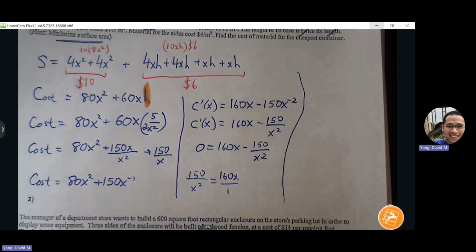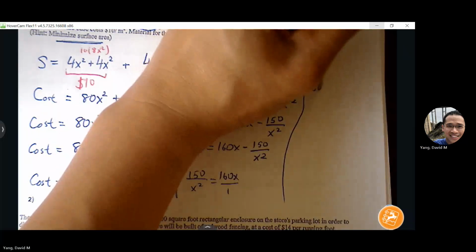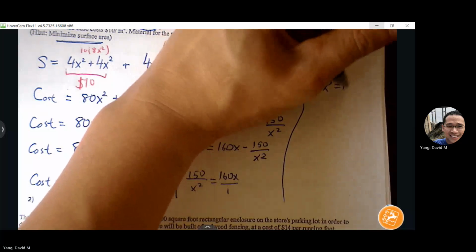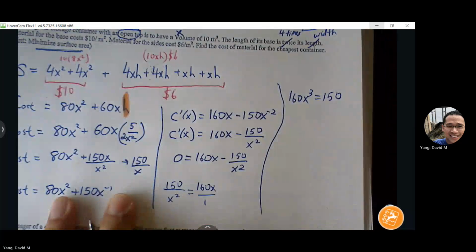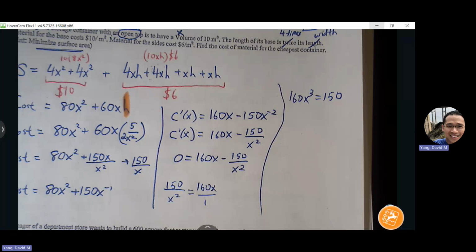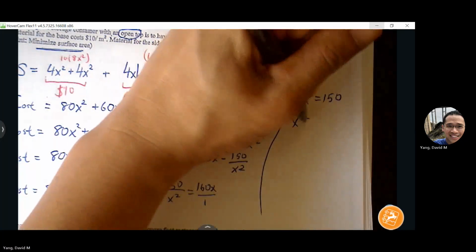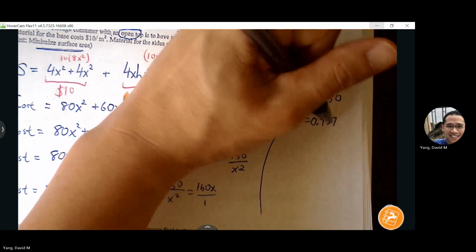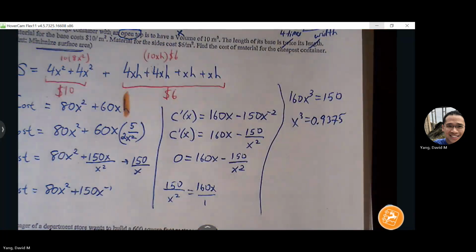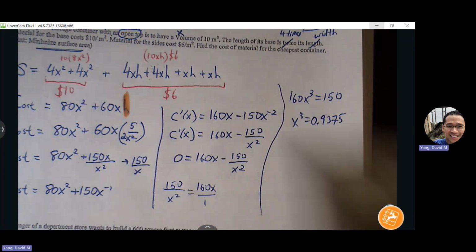Okay, so cross multiply here, 160x cubed. Let's divide both sides by 160. Wait, calculator and test, right? Yeah. Cube root is under math.